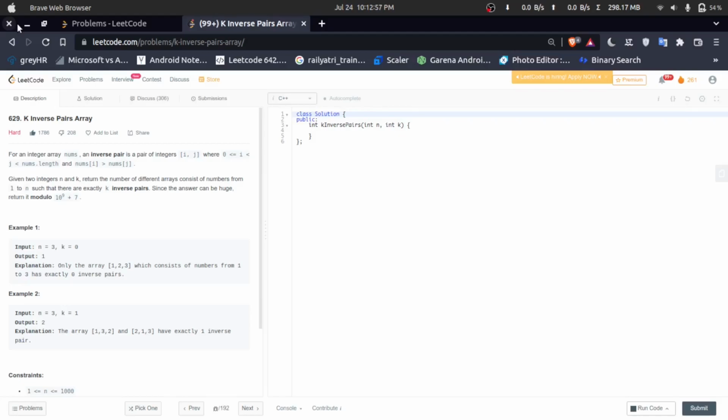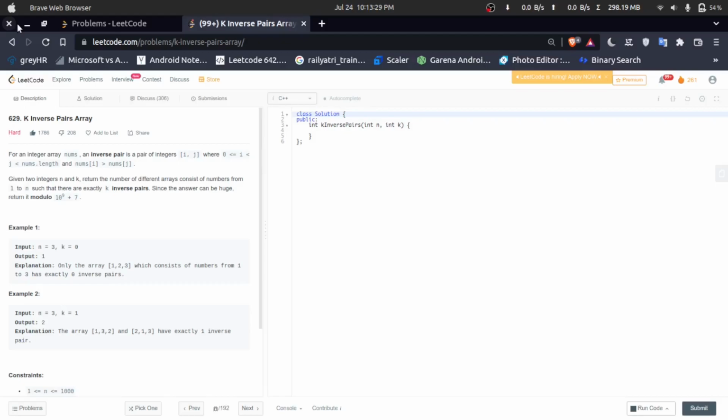So basically two numbers have been given, n and k. We have to find the number of k inverse pair arrays. For an integer array nums, an inverse pair is when any number is larger than a number coming after it.